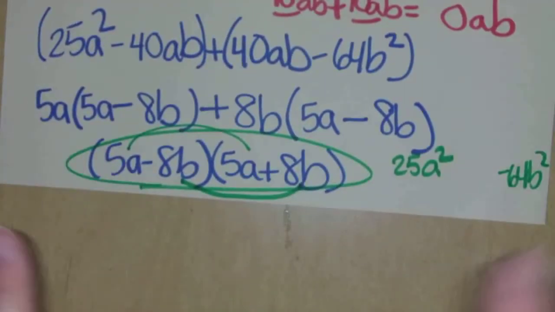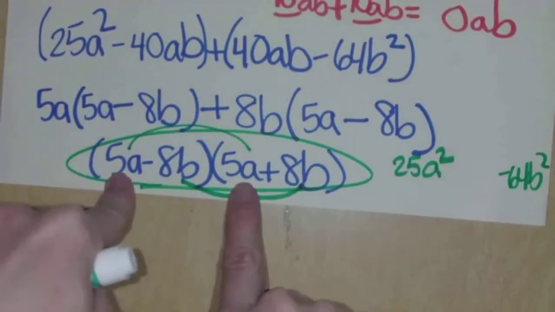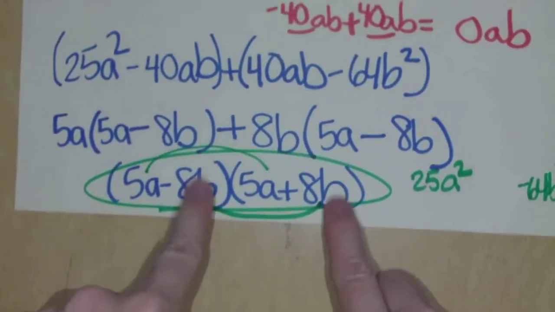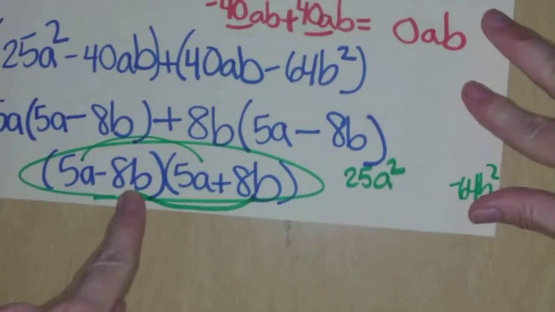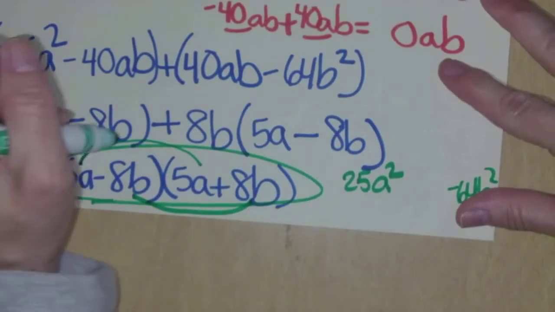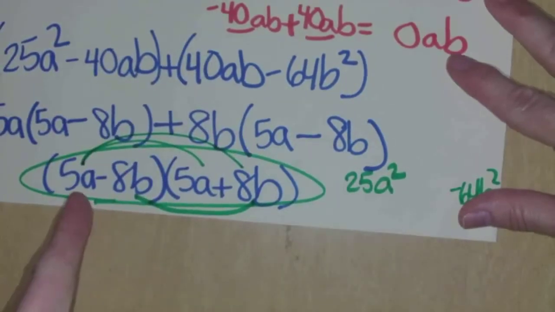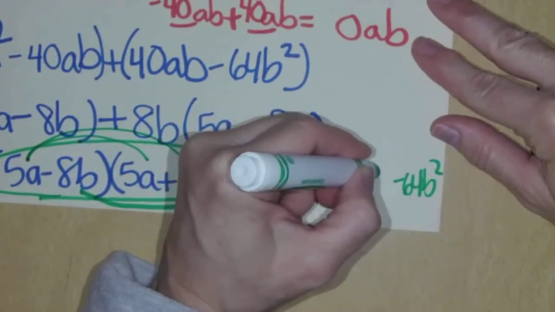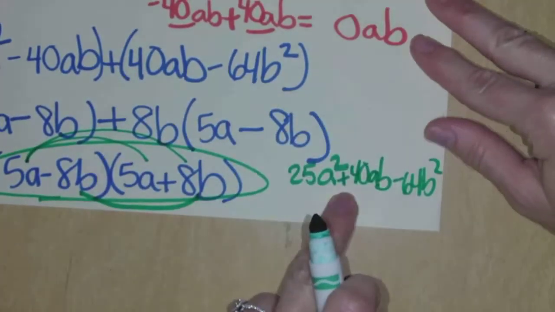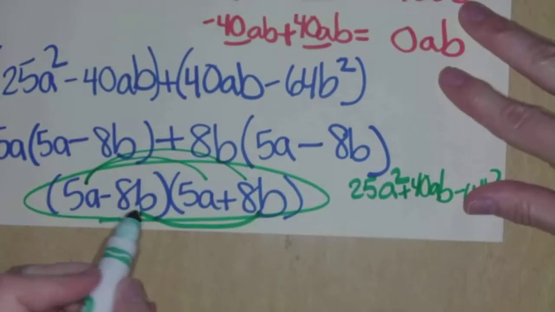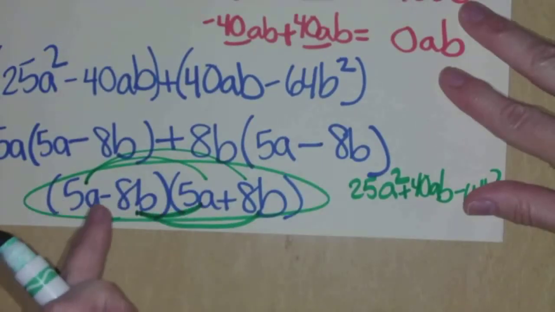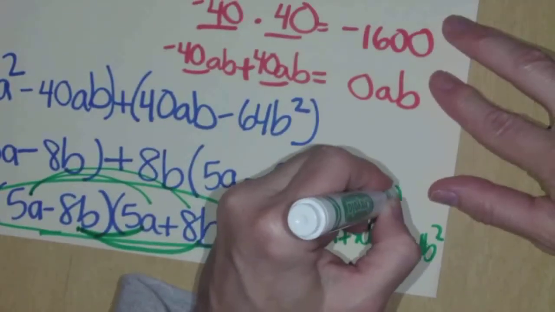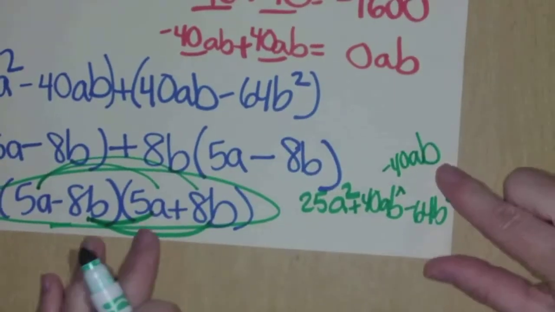So what happens is, if the fronts have to have an a and the backs have to have a b, then inevitably when you take the 5a times the 8b, you're going to get plus 40ab there. And then when you do this guy to this guy, you're going to get the negative 40ab, which I'm going to have to caret and put up here, negative 40ab, because I ran out of space.